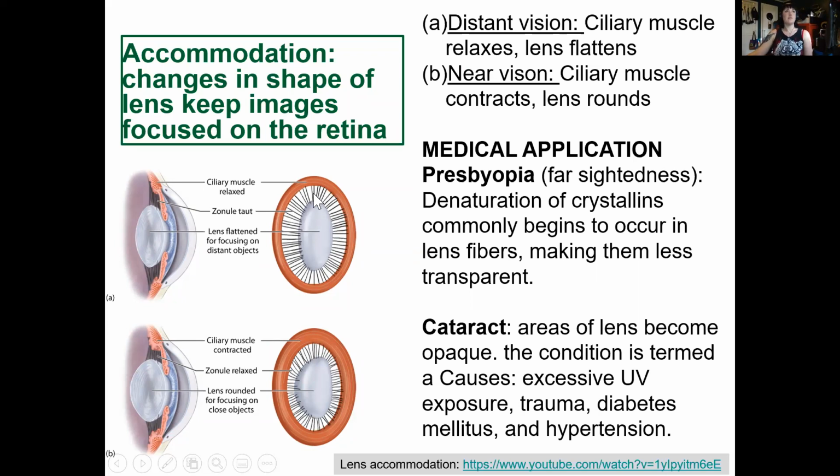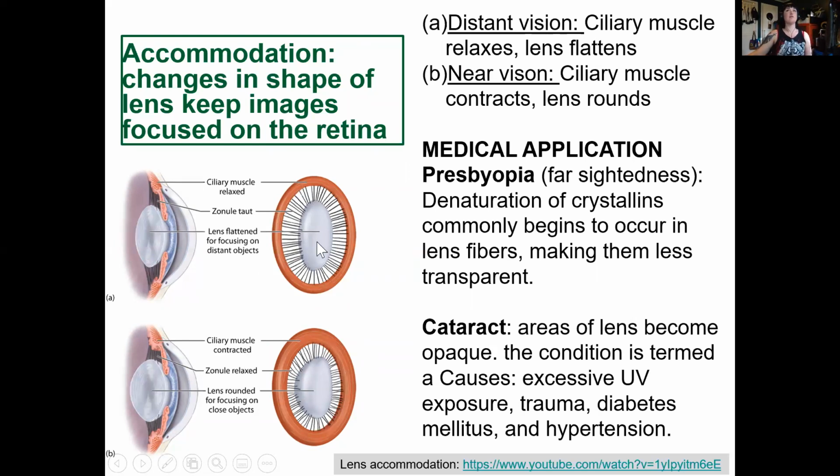So with near vision, so when you look at something close, the ciliary muscle, this smooth muscle, is going to contract, and that puts tension on the zonule. Which, oh, sorry, I meant distant vision. This is opposite. I just found an error in the PowerPoint. I'll have to fix that.